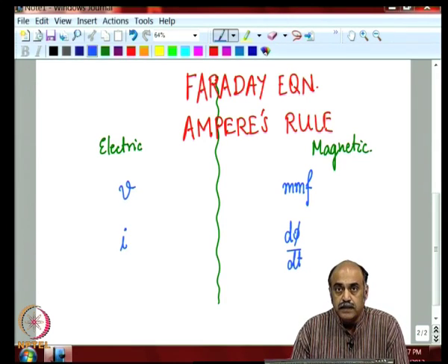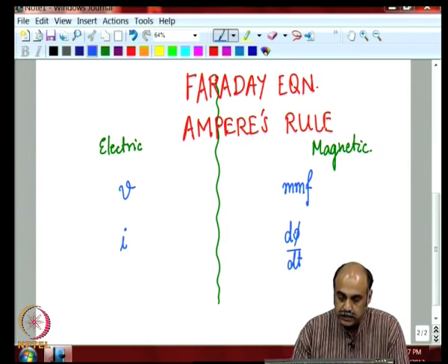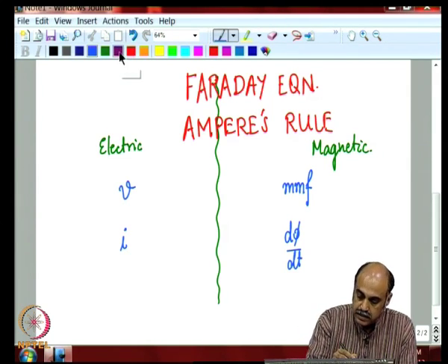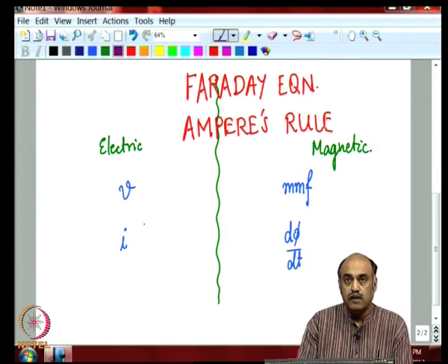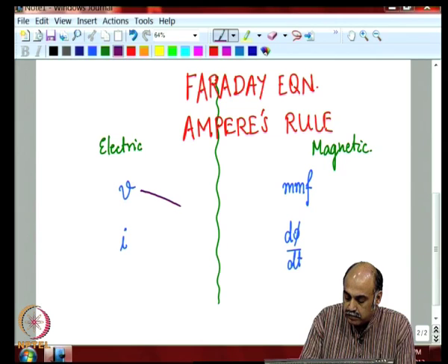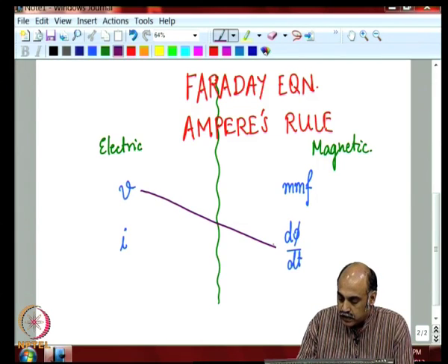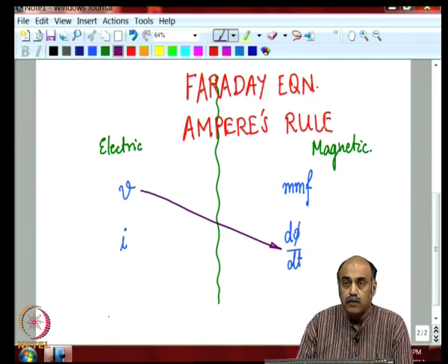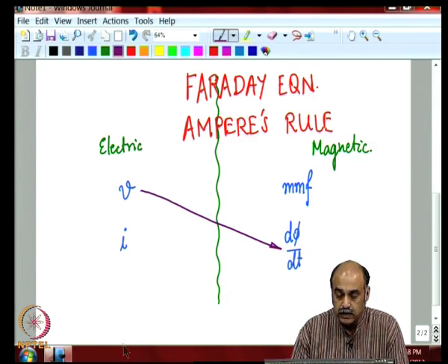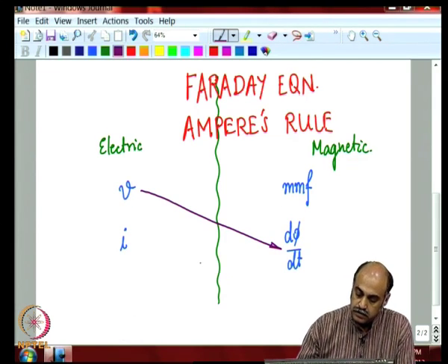Now, how are these variables related? The linking is between the cross variables. The potential variable on the electrical side is linked to the flow variable on the magnetic side.